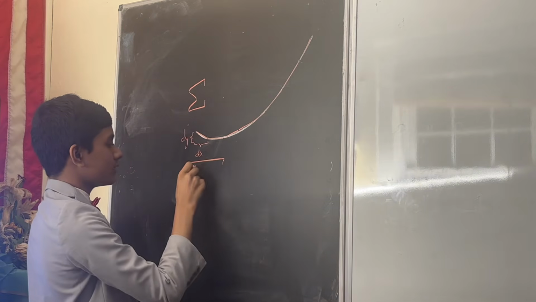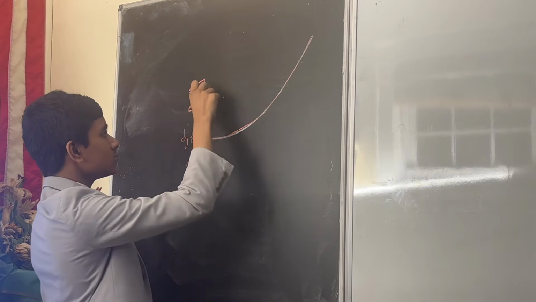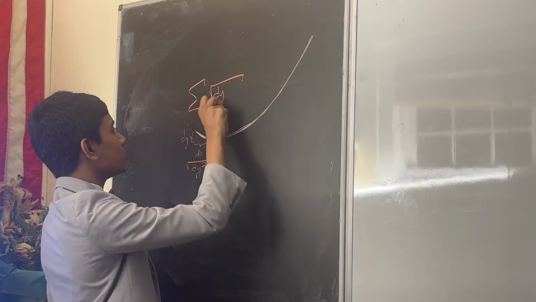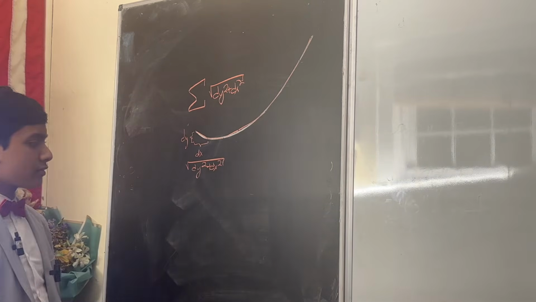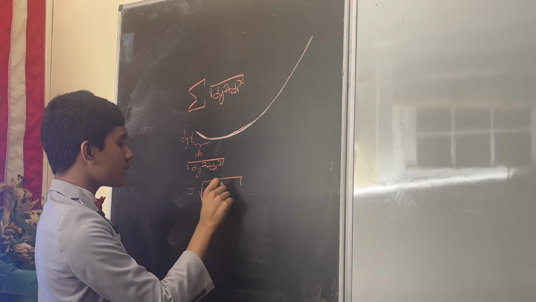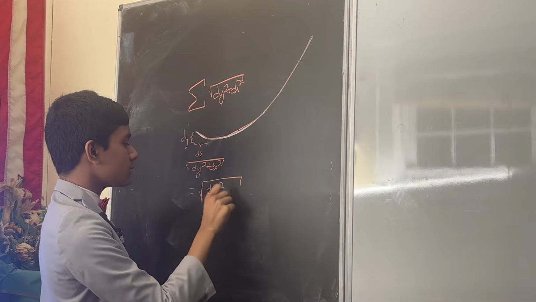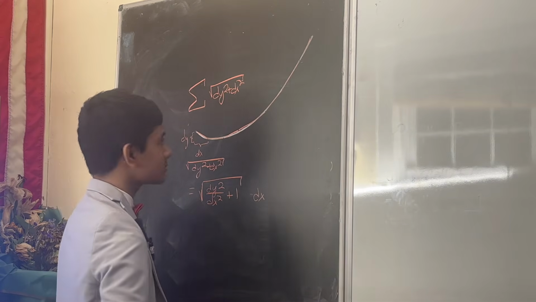It's a finite sum of the square root of dy squared plus dx squared over all of the line segments. If you're feeling really funky, you can rewrite this as the square root of (dy squared over dx squared plus 1) multiplied by dx. We factored out the dx.